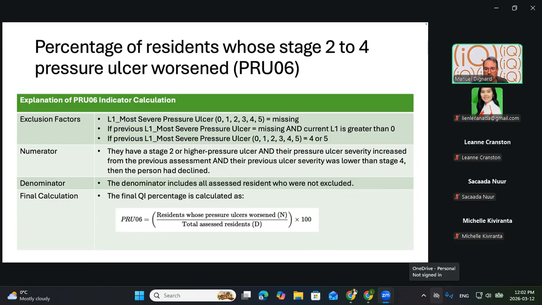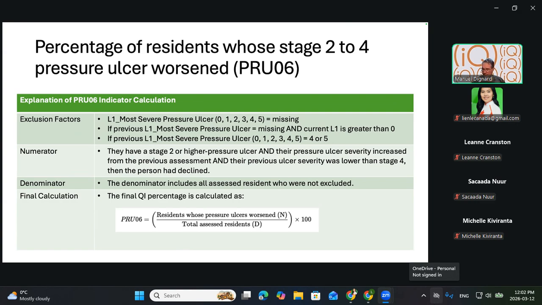It's gotten worse since the last assessment. So this measure is critical for monitoring skin integrity, evaluating the effectiveness of wound care interventions.